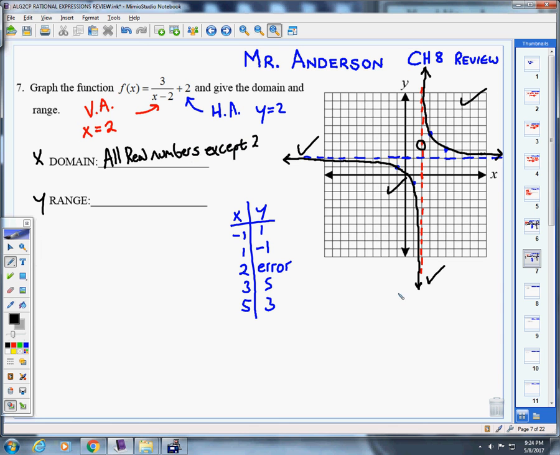And then going from negative infinity with the y's up to positive infinity, we again see there's a little hole right there at y equals 2 that the function never touches. So with the y values, we've got all real numbers except 2 again.